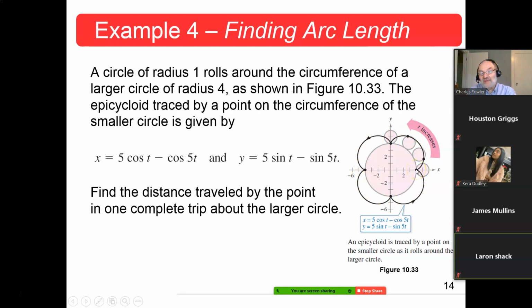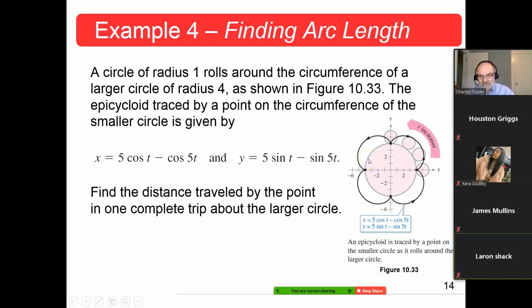In other words, the arc length. Rather than having to mess with these points where it makes these cusps, notice that the distance traveled here in this first quadrant is the same as there, as there, as there. So we can just do from t is equal to 0, which is where we're starting there. Let's make sure that's right.